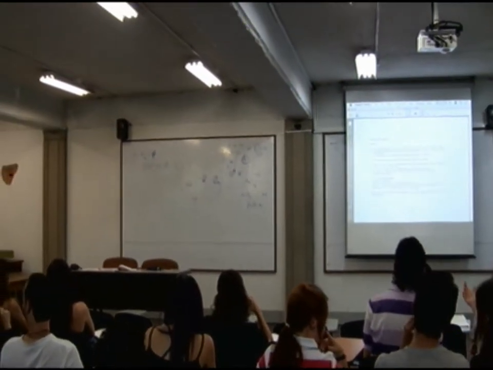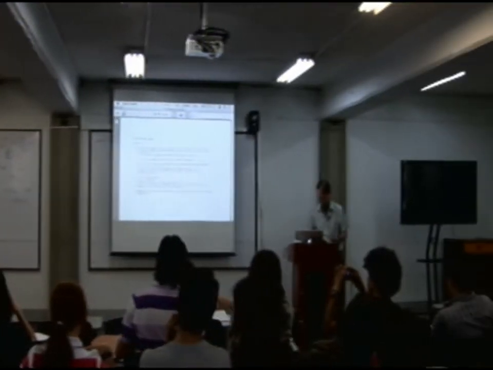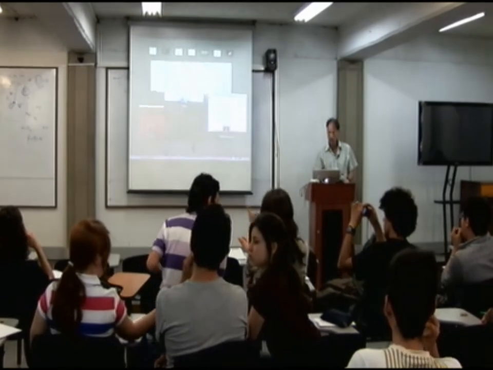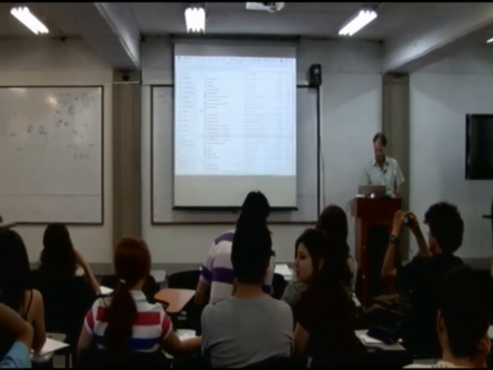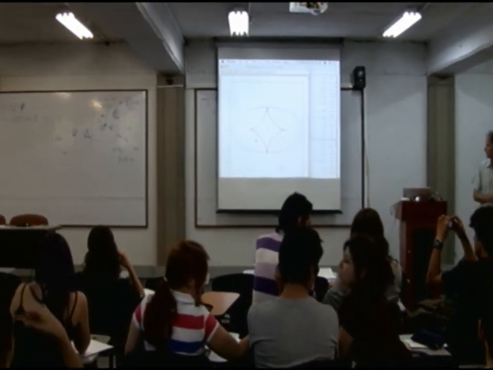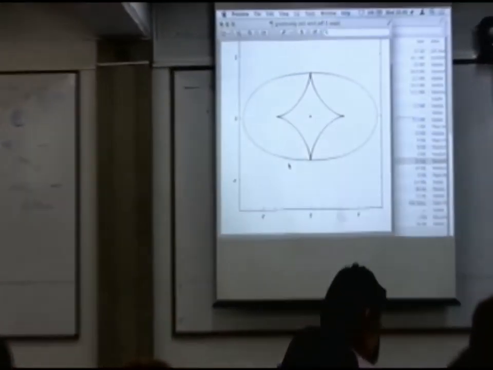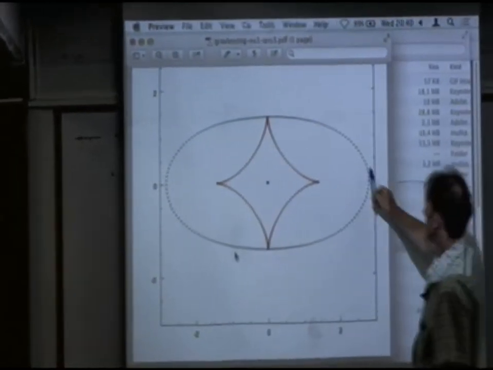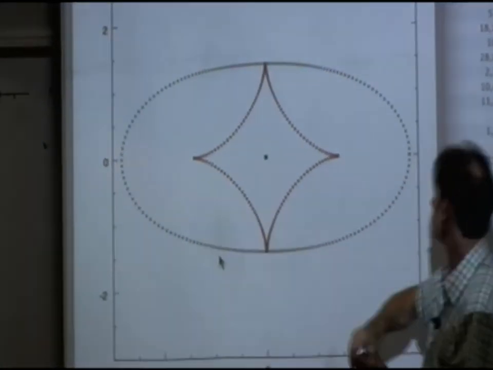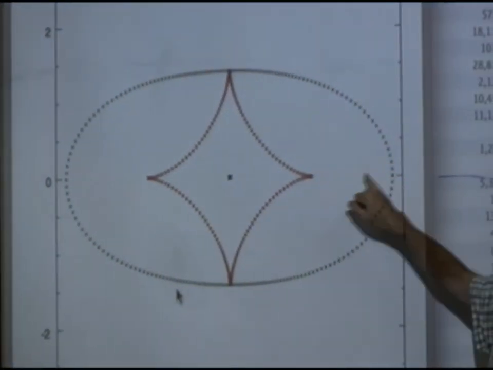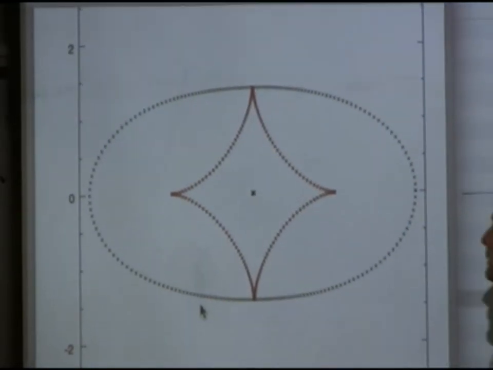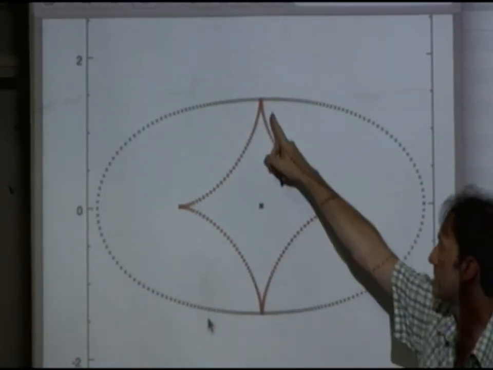And so I can show you the full answer, which is this one. So in black here you see the critical curve. And I asked you to calculate a few special points along the x-axis and the y-axis.